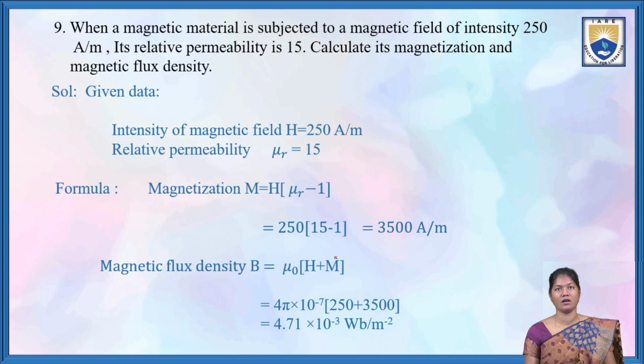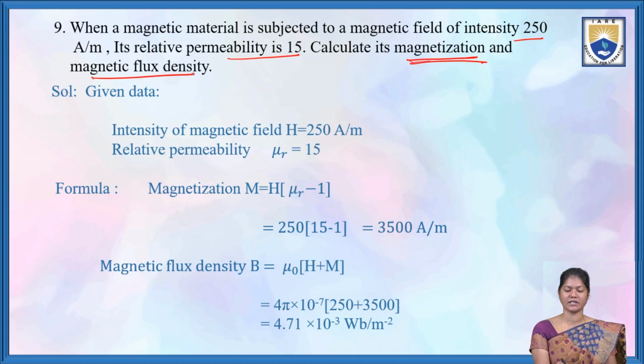Next problem. When a magnetic material is subjected to a magnetic field of intensity 250 ampere per meter, its relative permeability is 15, then calculate magnetization and then magnetic flux density. So given data, intensity of magnetic field H is equal to 250 ampere per meter. Relative permeability mu r is equal to 15.